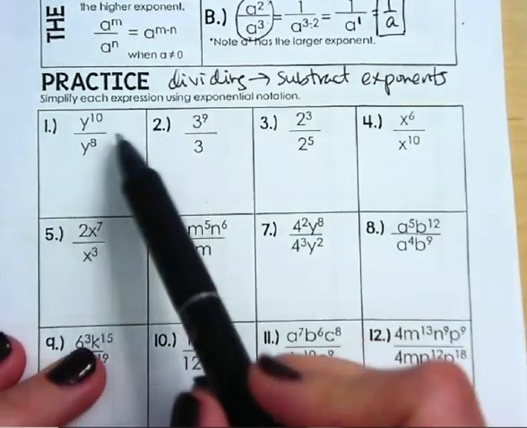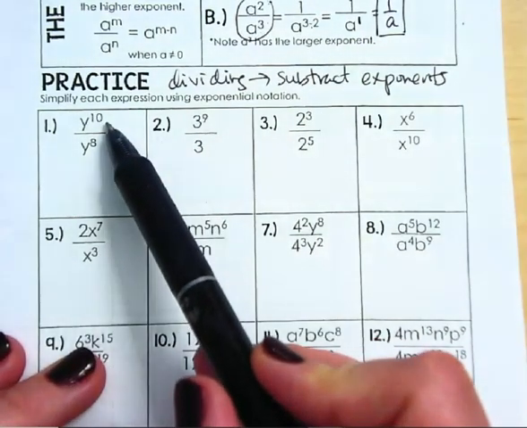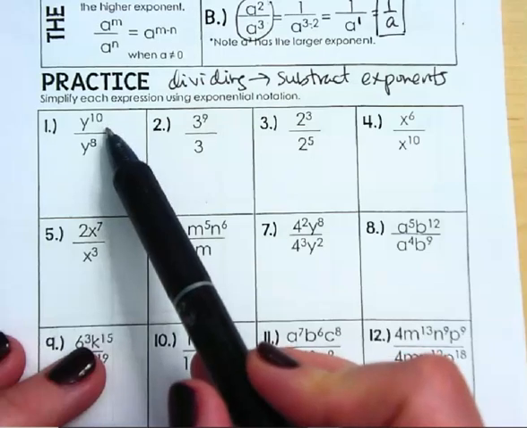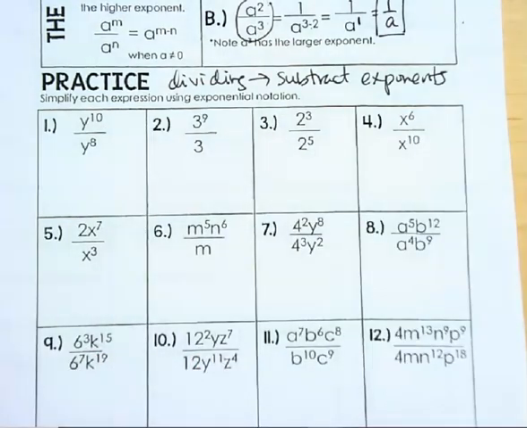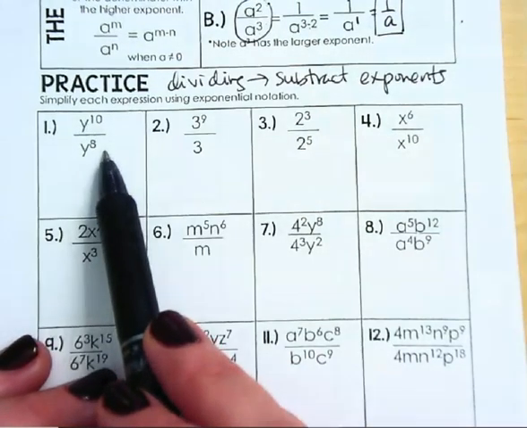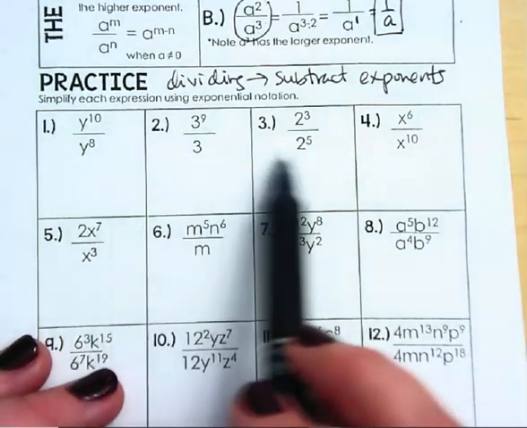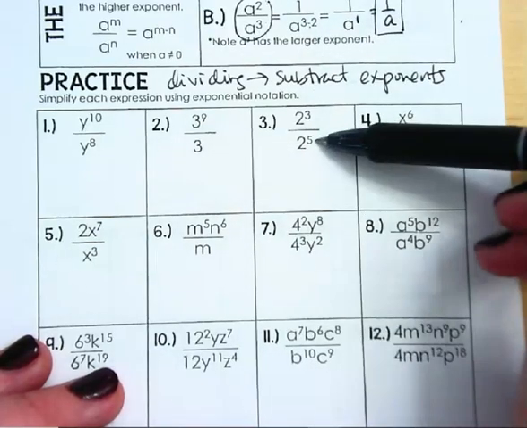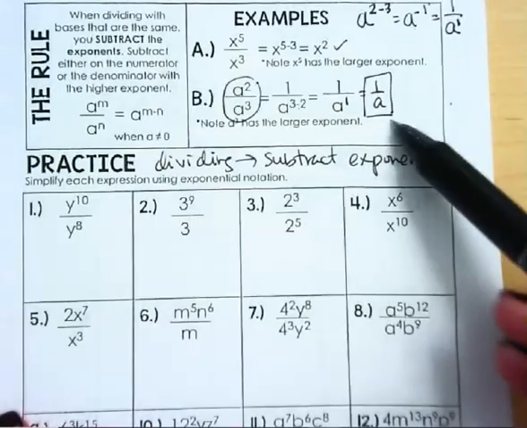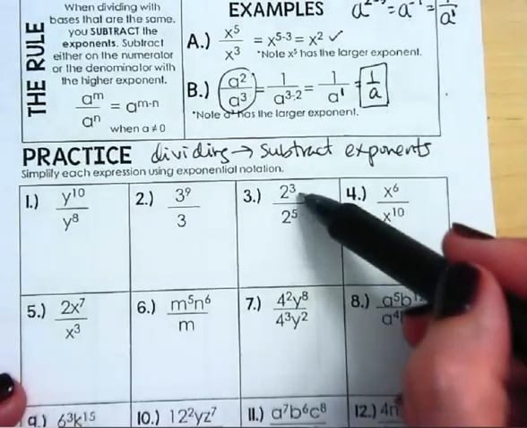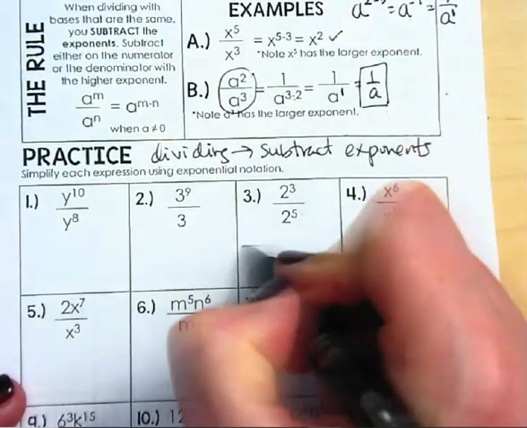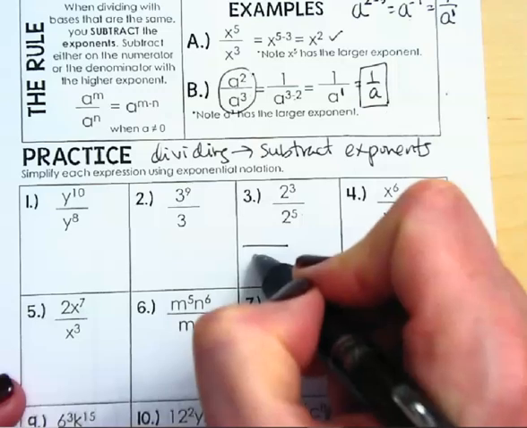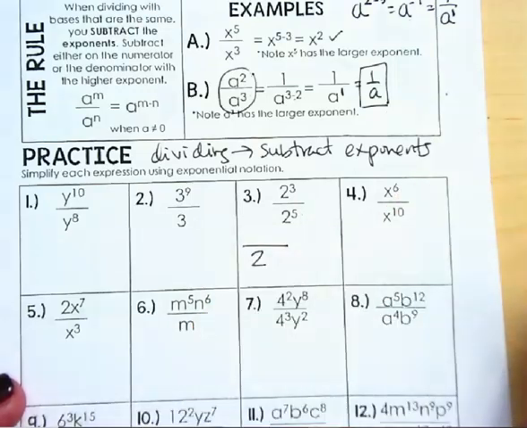So I don't think we really need to do any where the bigger exponent is in the numerator, because that's the normal, air quote, situation. So number 1 is normal, 2 is normal, 3 is not normal because the bigger exponent is on the bottom, so we're going to practice this rule here. Wherever the bigger exponent is, you leave the base there, so the bigger exponent is in the denominator, so I'm going to put my base in the denominator.